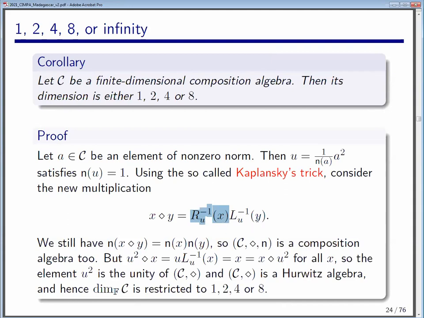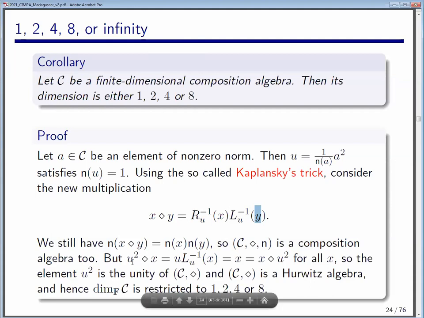And now, instead of y, you put x. So here you write x. So you take x, you apply the inverse of the left multiplication by u, and then you left multiply by u. So the left multiplication by u and the inverse cancel, and you get x.